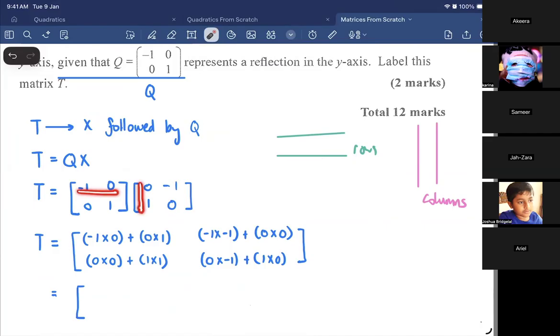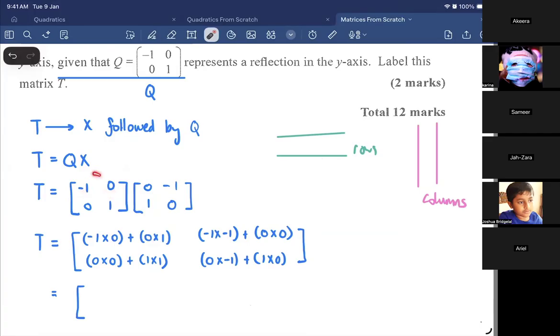So Joshua, pay attention to this. We have this row by this column. We're going to multiply the first element here by the first element here, hence I wrote -1 by 0. Then I'm going to add that to 0 by 1, which is the second by the second. So we're done with this row.